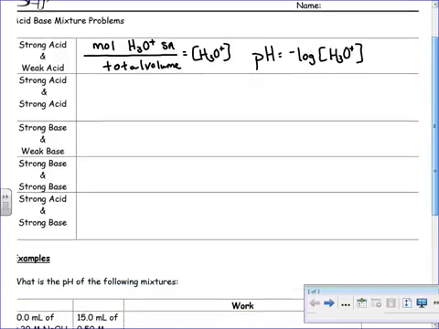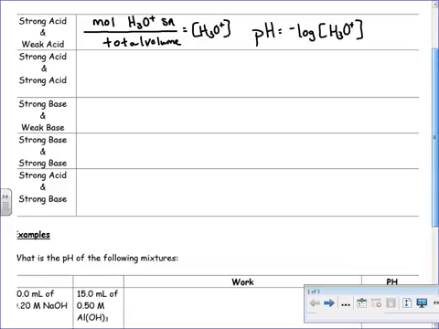So if you think in the terms of strong acids, and strong bases, weak bases, it makes sense that if we're going to, I'm skipping down one here, if we're going to mix a strong base with a weak base, wouldn't we follow through with the same procedure for calculating concentration? We would get moles, this time, because bases make hydroxide, we would get moles of hydroxide from our strong base only, and then divide by the total volume. So hydroxide concentration this time is equal to moles of hydroxide from the strong base.